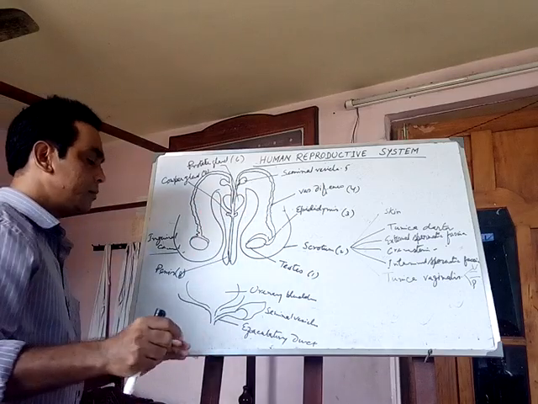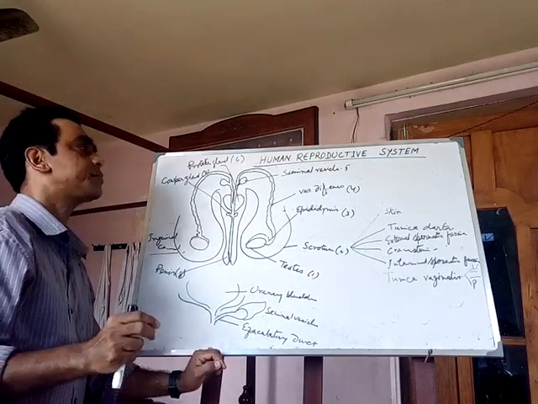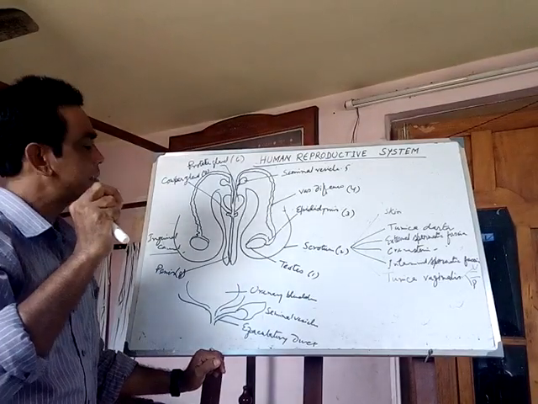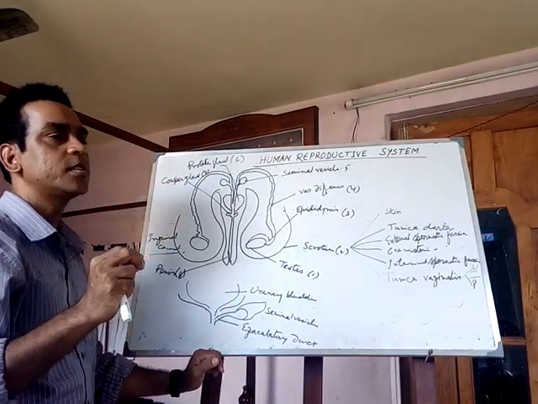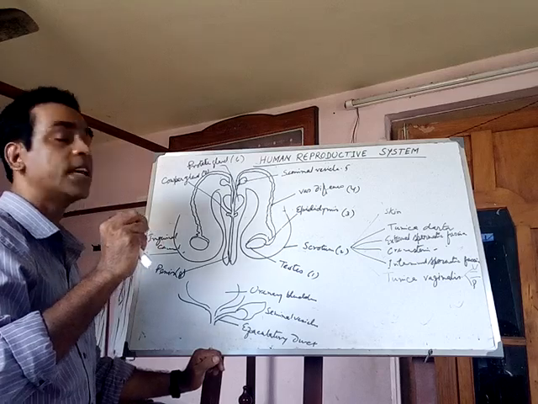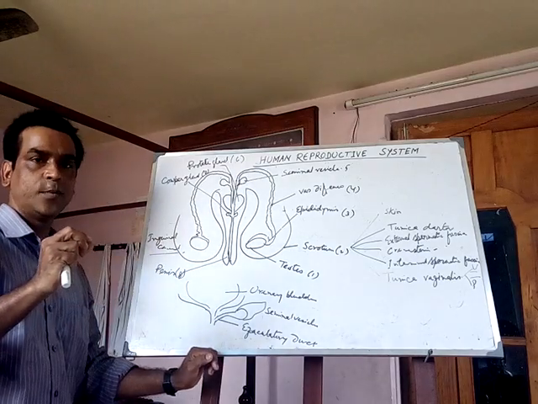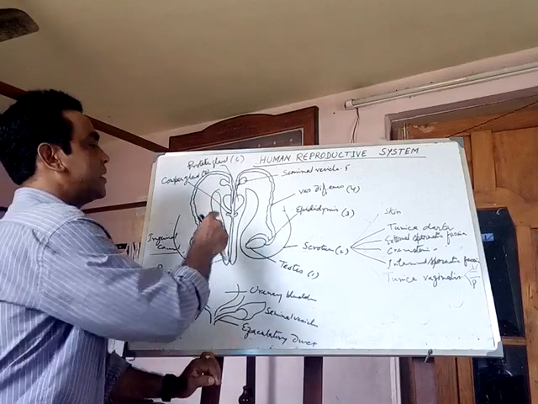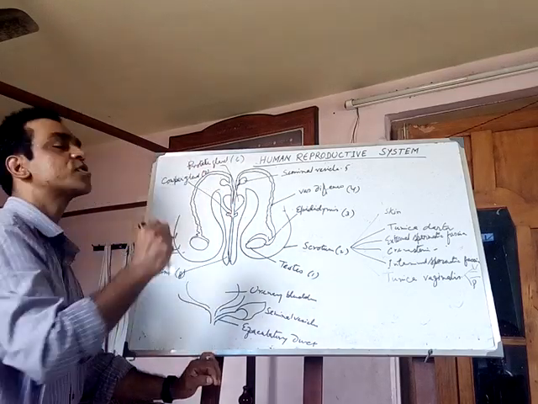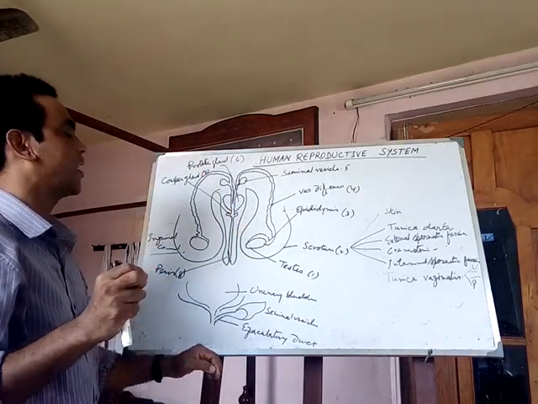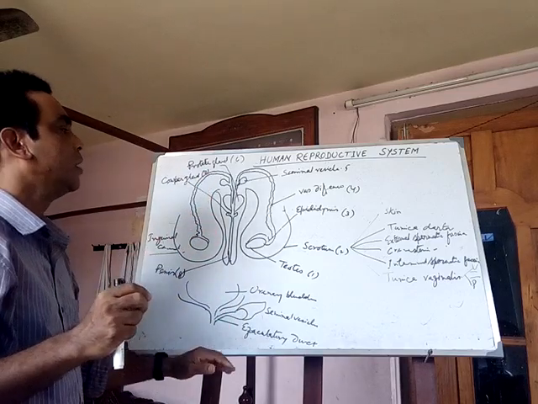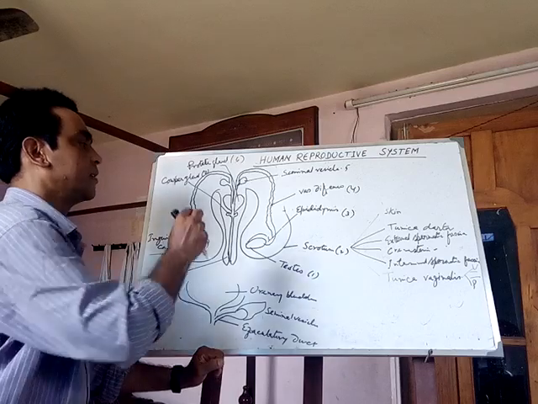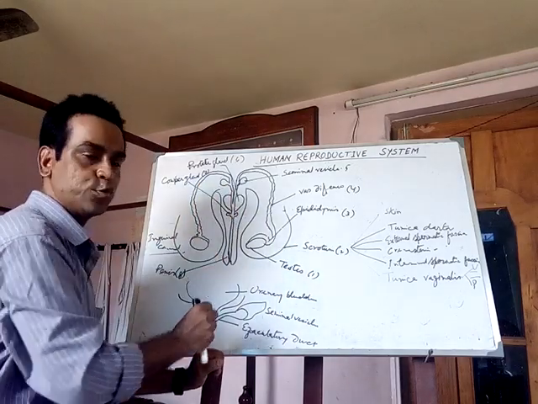The prostate gland secretes the lubricating secretion which helps the smooth flow of semen, and it always functions as the secreting environment in this tube.